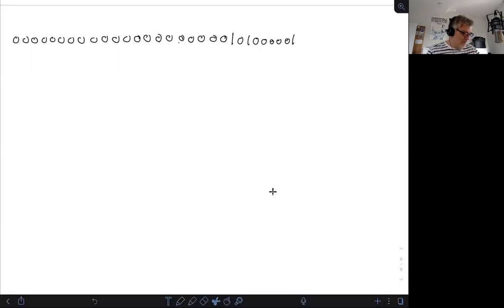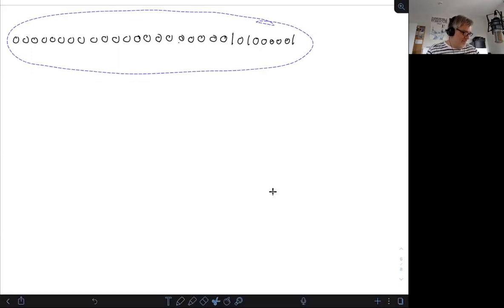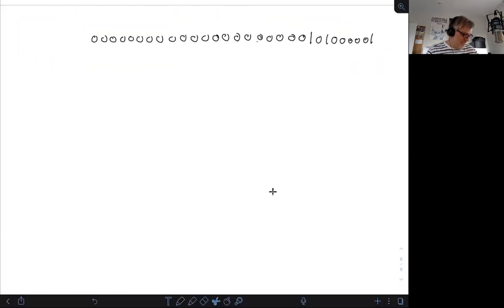I'm going to run out of room. 31, 32. Okay, so this is 321 written in binary on 32 bits. Now I compute the 2's complement of this. So you just flip all the bits and add 1.